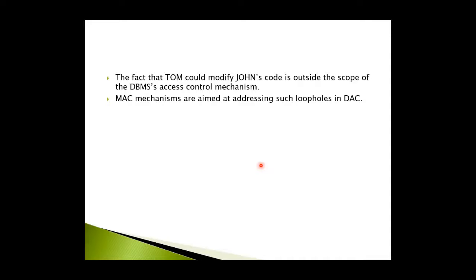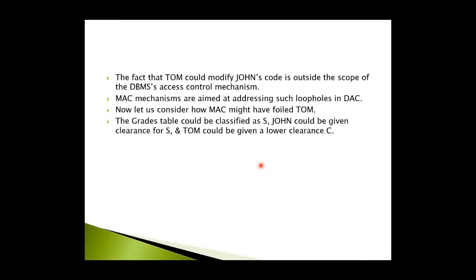But how? Let's see. Now, let us consider how mandatory access control might have foiled Tom, that is the student. The grades table could be classified as S. Now here the grade table is what? An object. If the grade table is classified as S, it is given the clearance S, that is nothing but secret, and John, who is the subject, a user, could be given the clearance S, and Tom could be given a lower clearance C. Okay.